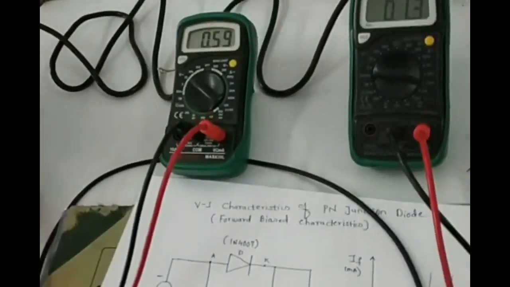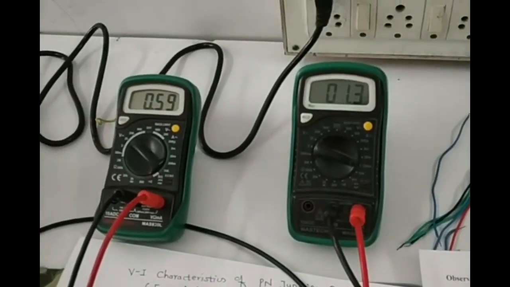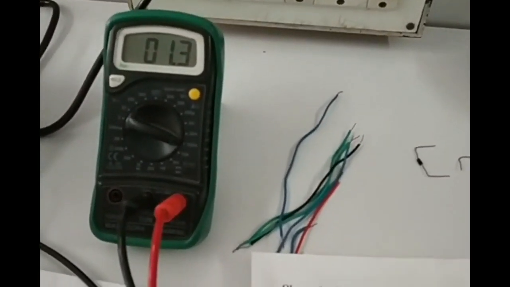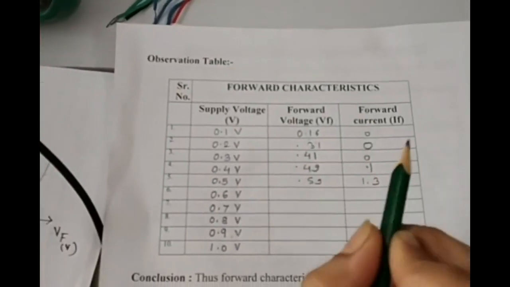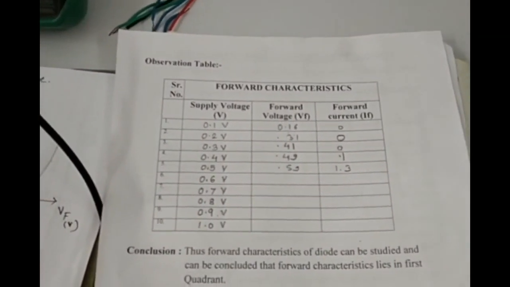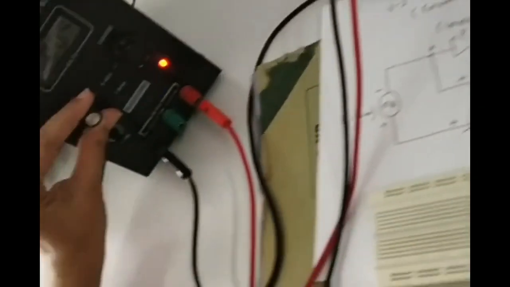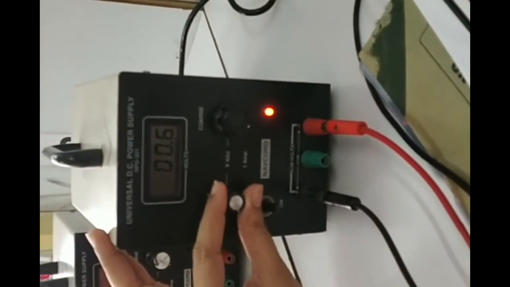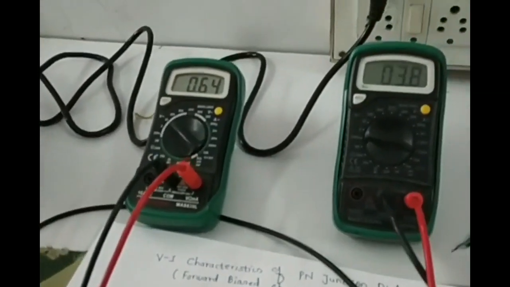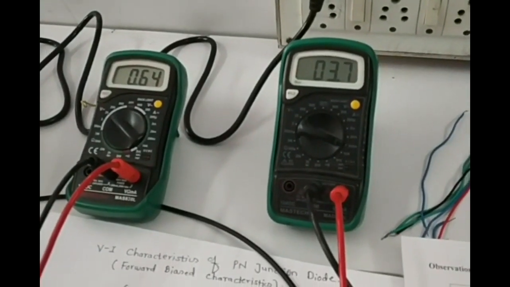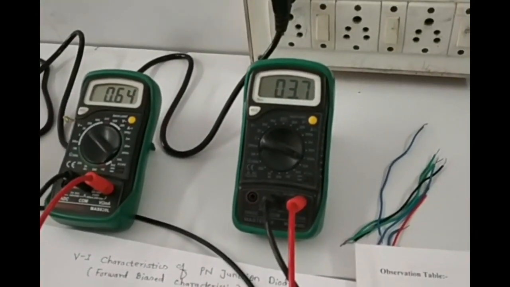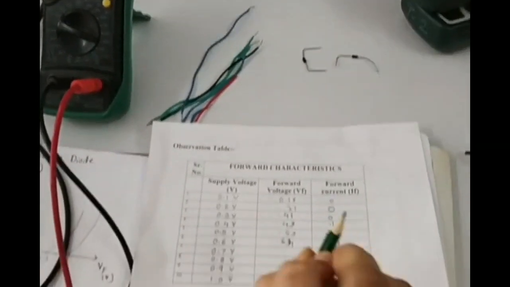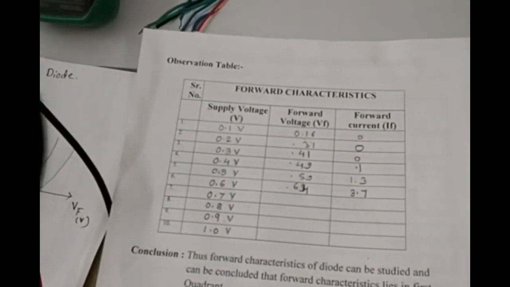Now make it 0.5. Here for 0.5 we are having 0.59 as voltage, and see the change in current, it is now increased to 1.3 milliamp. For 0.6 you have 0.64 as voltage, and see the increment in current.